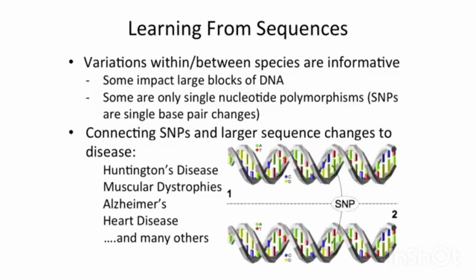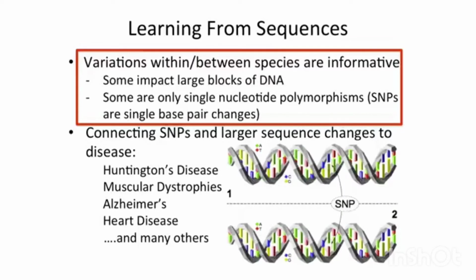DNA sequences themselves are highly informative, and we'll learn about DNA sequencing methods as part of homework in week 4. Some variations, even within a single species, involve large regions of DNA, whereas others may be only a single base pair change that encodes a totally inactive protein due to a change in an amino acid crucial to function of that protein.